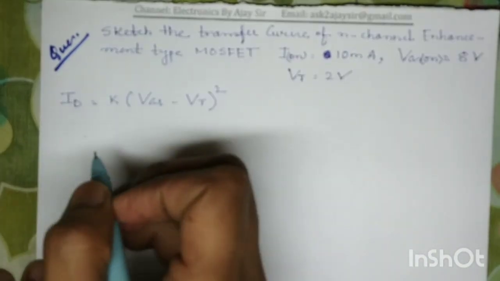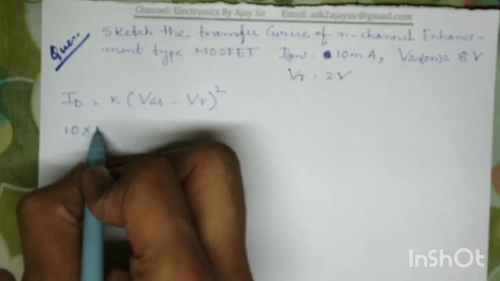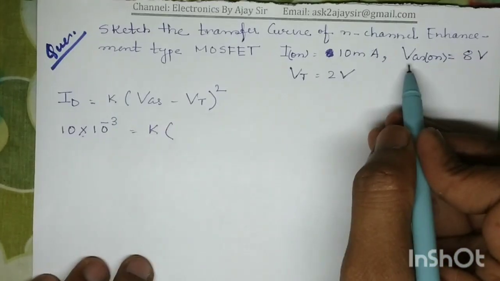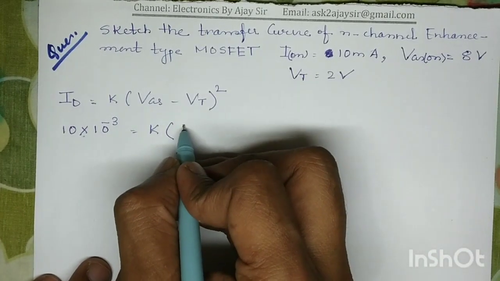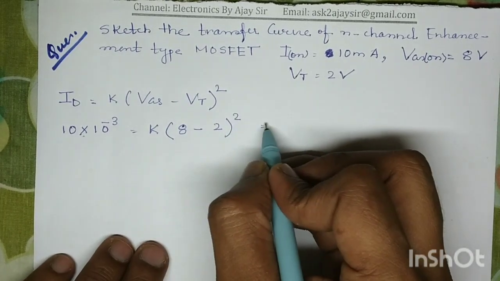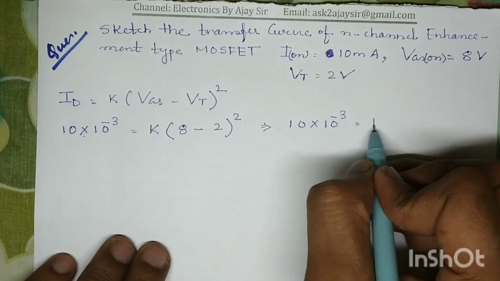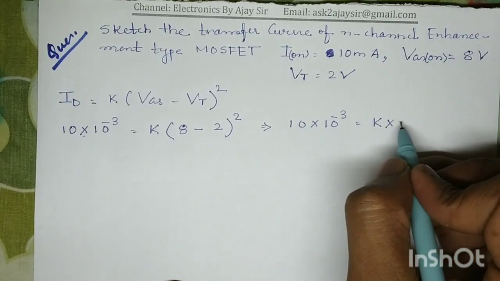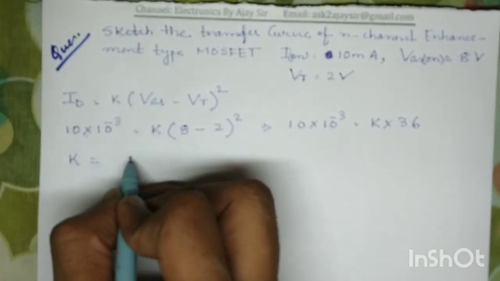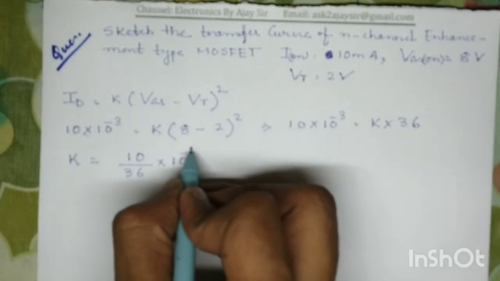We will substitute the value of ID, it is 10 milliampere, in terms of ampere it is 10 into 10 to the power minus 3, equals K times VGS on, which is 8, and VT, which is 2, whole square. 8 minus 2 is 6, square of it is 36, so the value of K is 10 divided by 36 into 10 to the power minus 3.